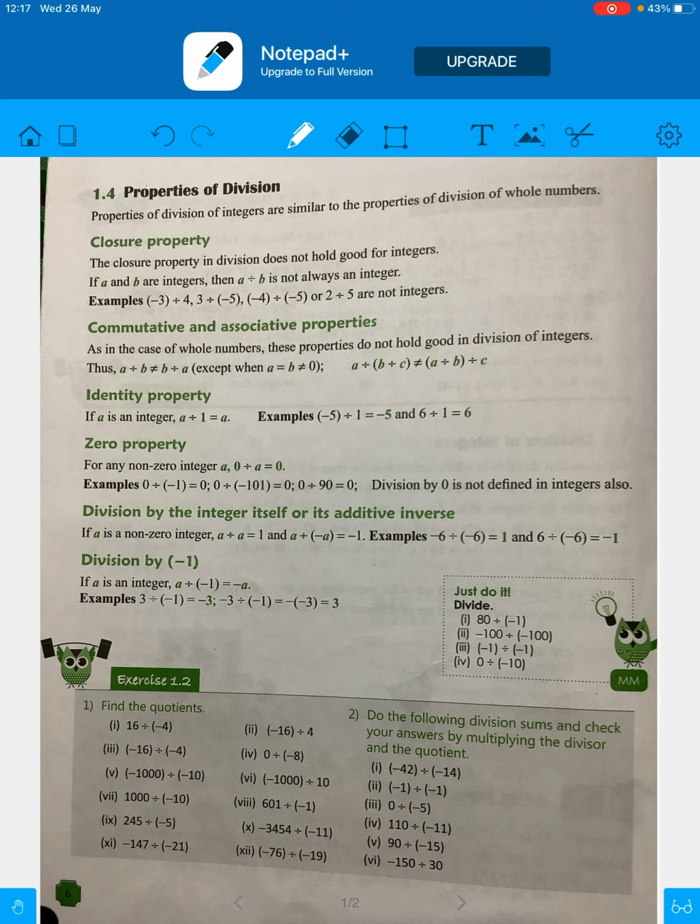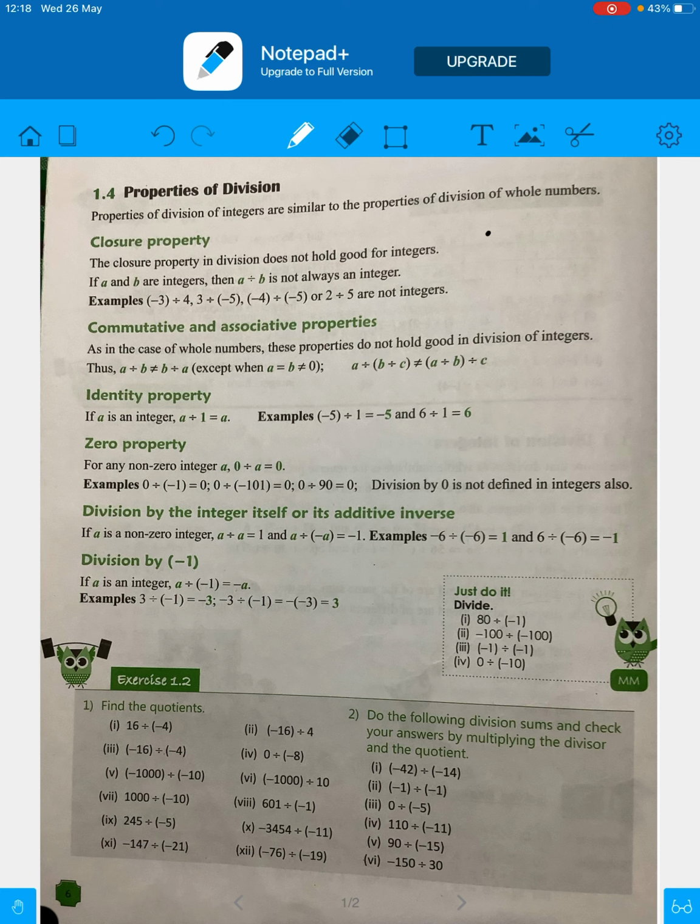That means minus 3 divided by minus 4 will give you answer minus 3 by 4. So minus 3 by 4 is a fraction, right? Not an integer. So we can say that closure property doesn't hold good for division.